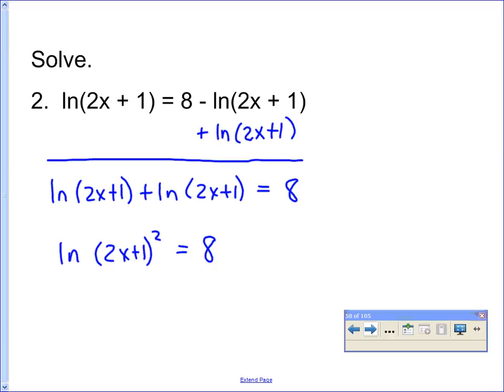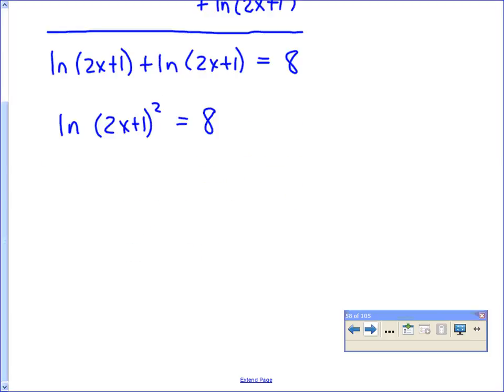Now that I have a natural log on one side and a constant on the other, that should make us think, okay, let's rewrite this in exponential form. So I've got my base of e, raised to the 8, is equal to 2x plus 1 quantity squared.